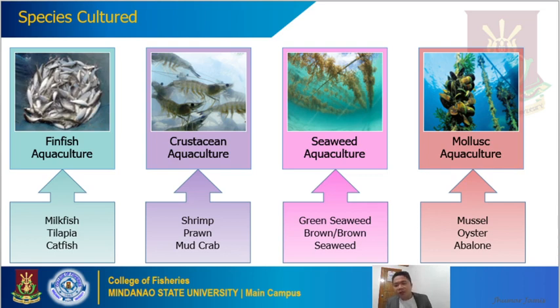There are also commodities which involve the cultivation of mollusks, such as oyster, mussel, and abalone cultivation. So this is the second classification of aquaculture, according to the species cultured.